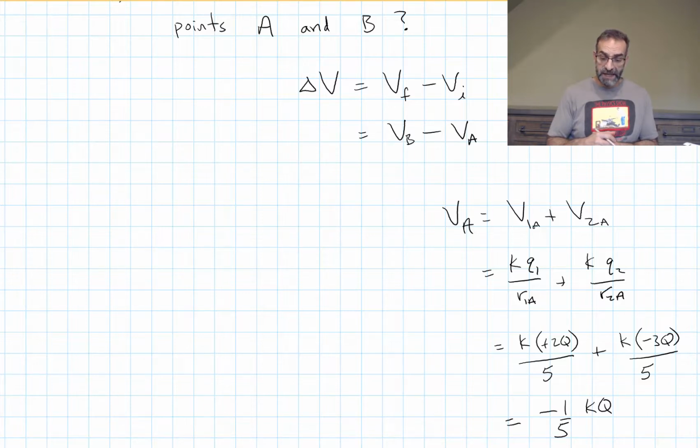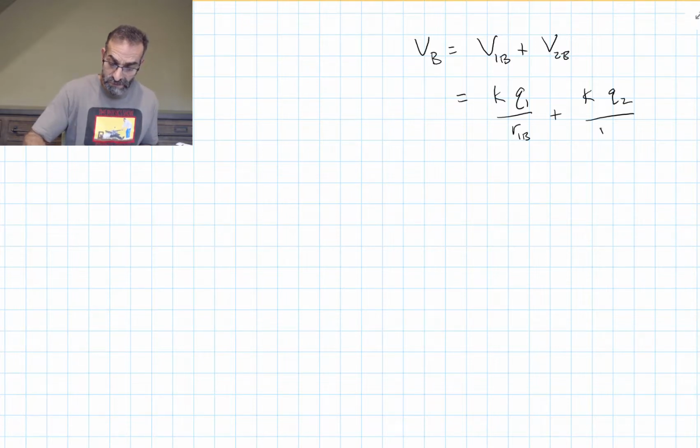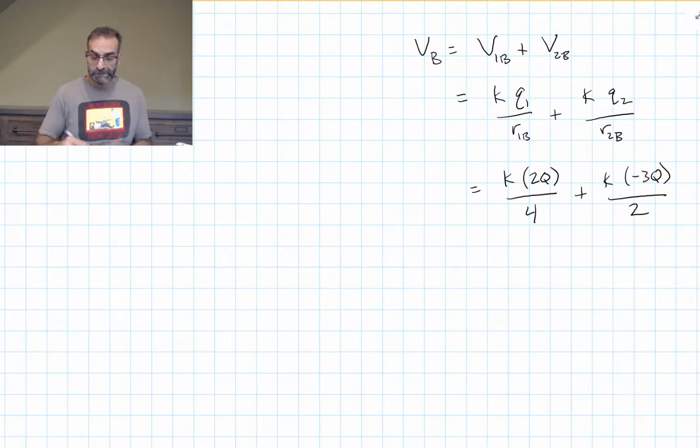Let's do the same thing for point B. At point B, the charges are still the same, plus 2 and minus 3, but the distances are different.